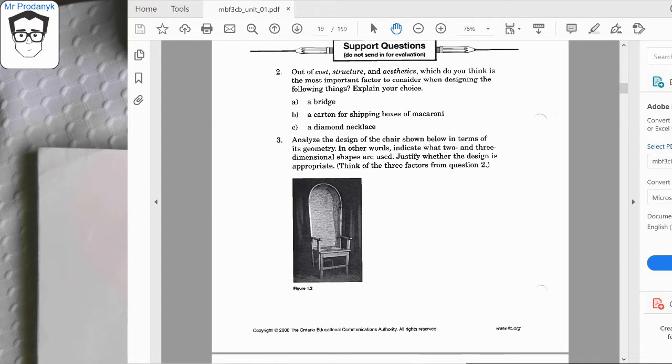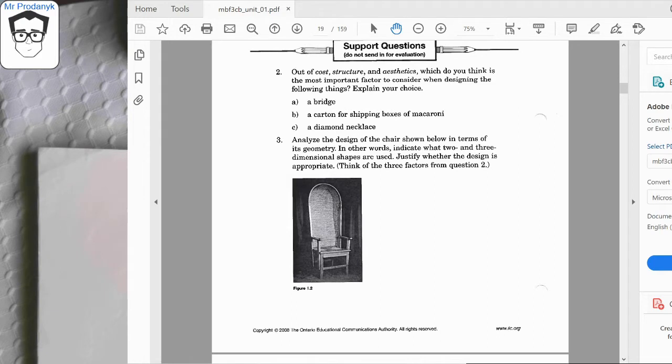A diamond necklace. This is interesting in part C, because a diamond necklace is really not something that anybody needs. This definitely falls into the want category. And I think for somebody who could afford a diamond necklace, cost is probably not the most important thing when considering the design. I would say here that aesthetics is probably the most important.